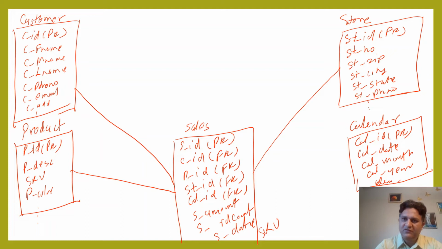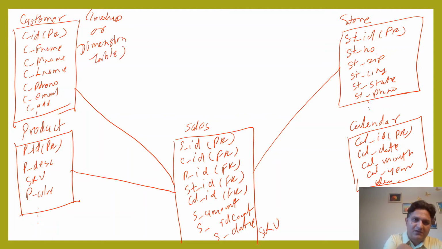So these are your lookup tables. If you see customer, this is your lookup or dimension table. This is again your dimension.